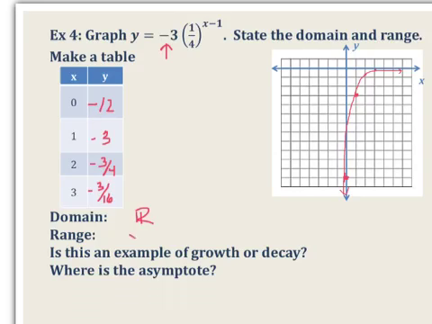What is the relationship to the asymptote? The asymptote is the x-axis, but it's not going above it, so y is not greater than, so now y is less than. And this is an example of decay. And that is because of this, the b is between 0 and 1.